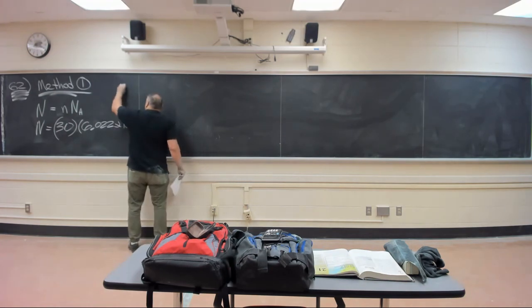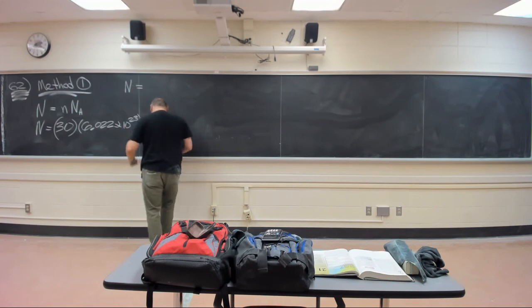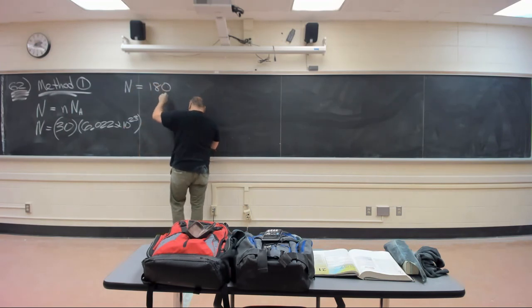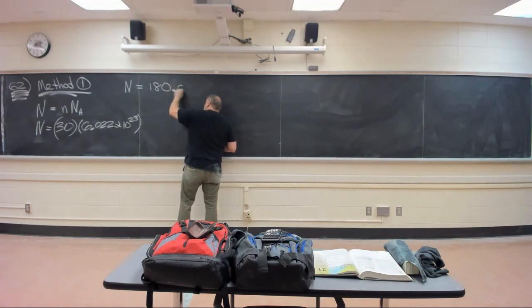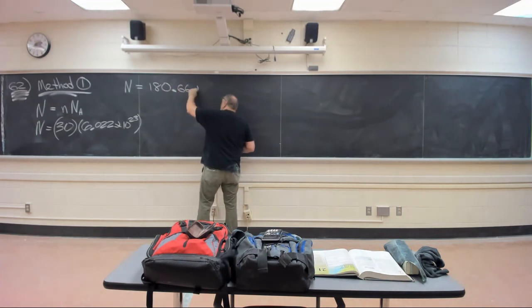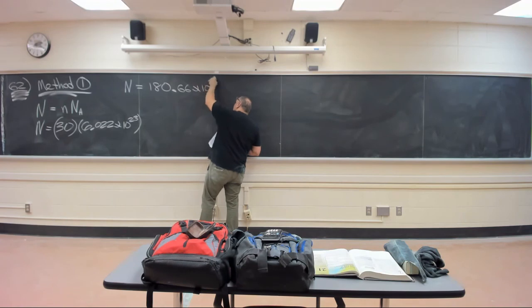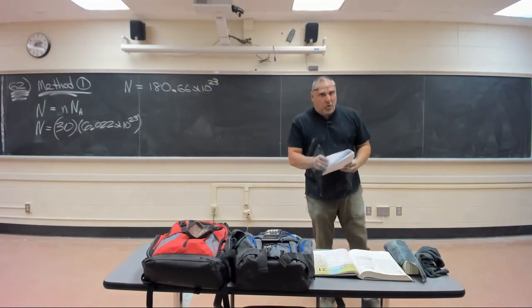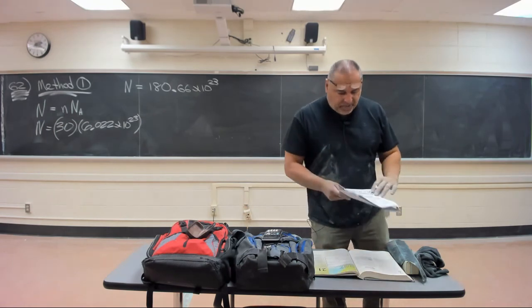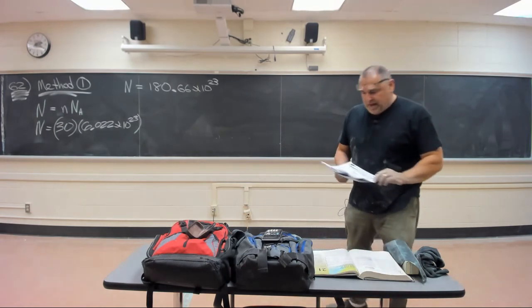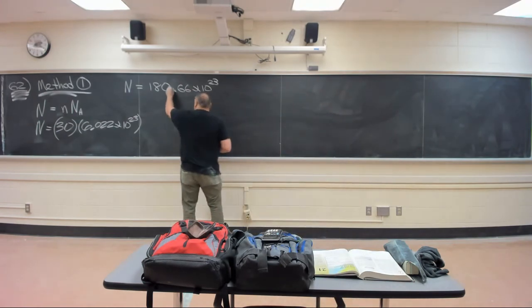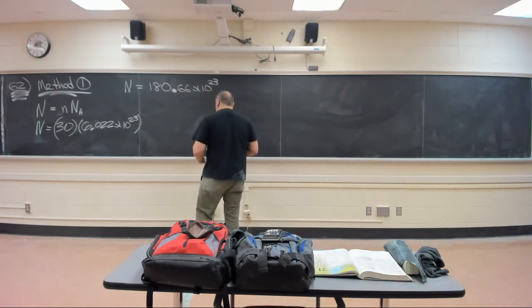The number of particles present is 30 times Avogadro's number, which is 180.66 times 10 to the 23rd. Let me write it that way, if you don't mind. You could write it 1.8066 times 10 to the 25th, but I'd like to keep some aspect of that famous Avogadro's number on there. Just make sure it's 30 times bigger, and there it is.